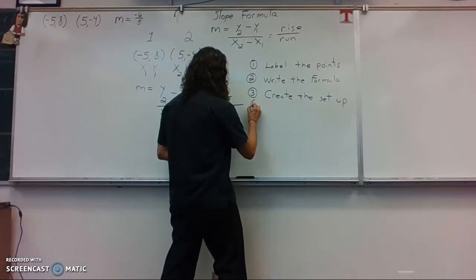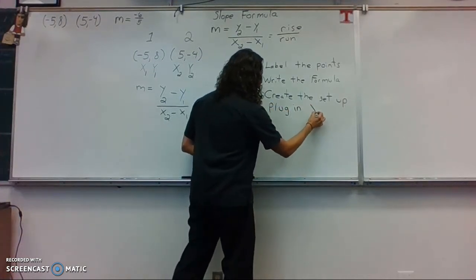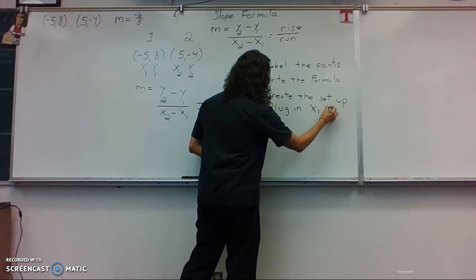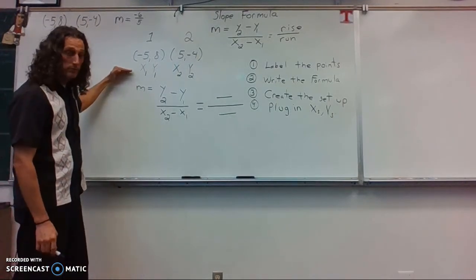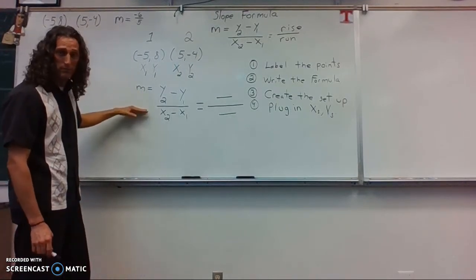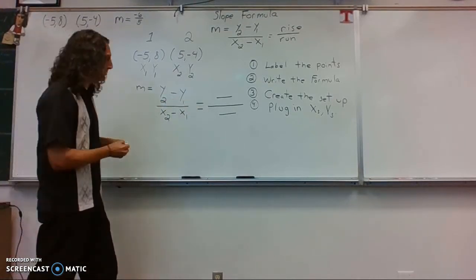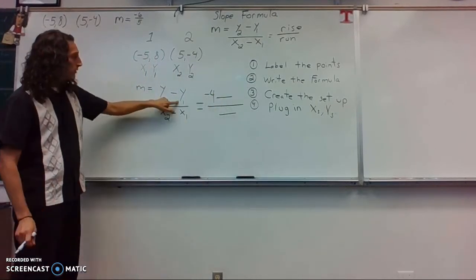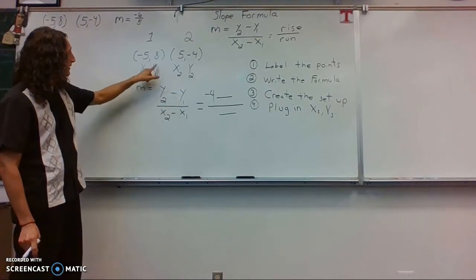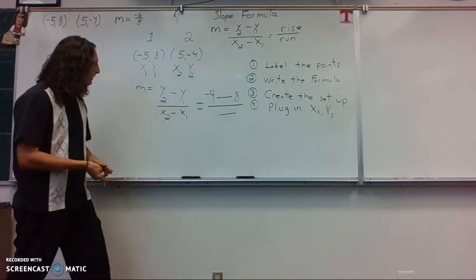So step number 4 is plug it in. Or plug in the x's and the y's. So I have it labeled. I have my formula. All I have to do is this. y2 goes here. What's y2? Negative 4. y1 goes next. What's y1? Oh, I have it labeled. It's 8. Come down to the bottom.